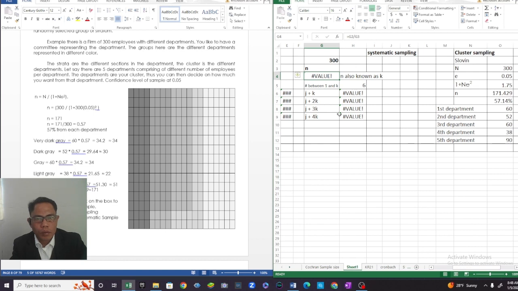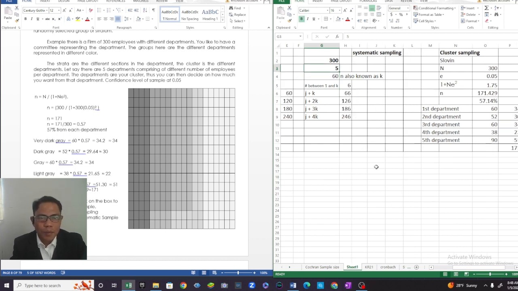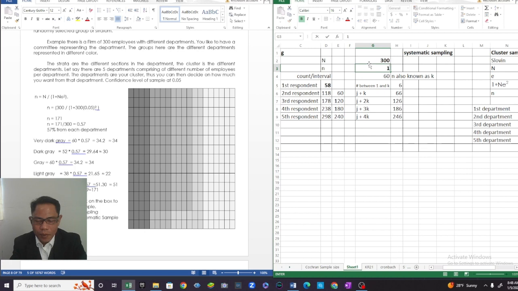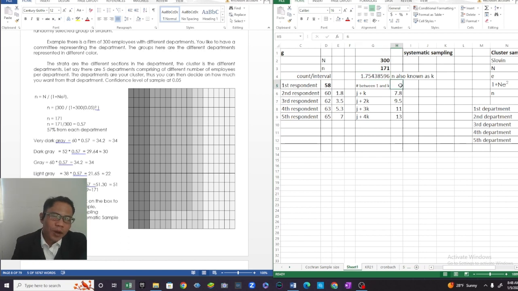Okay, what happened? Our sample is n, but in this case we have 171. So the first respondent is a number between 1 and k. A number between 1 and 1 is 1. And then we have our list.